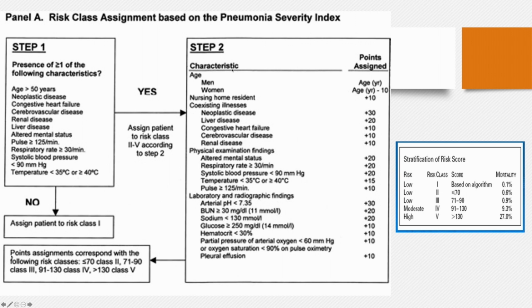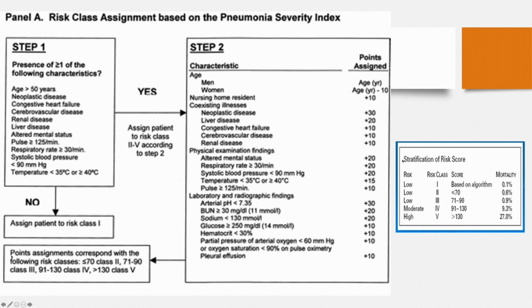Once you move on to step 2, you start calculating, start adding points up. You get a few points for being a man, you get a few points off for being a woman, and then you add all the points up based on physical exam findings, coexisting illnesses, whether they're a nursing home resident or not, and some laboratory findings.